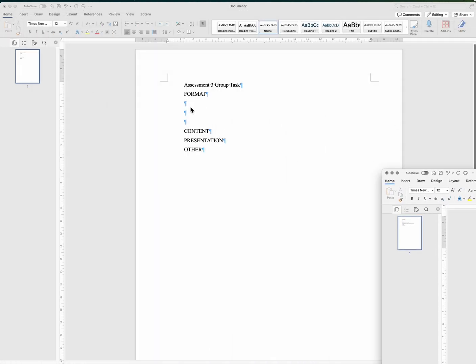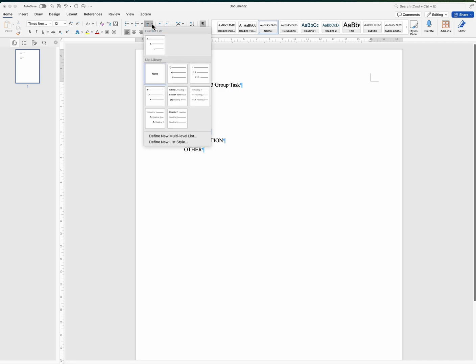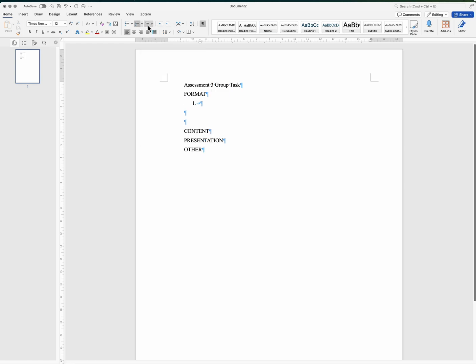Let's get rid of that. So we've got the title page. Then I think it would be good to have subheadings. A good way that you can make subheadings is to go into the multi-level, not the usual numbers, but the multi-level numbers, and go down here, and you see that it gives us this. So the first part is going to be introduction.